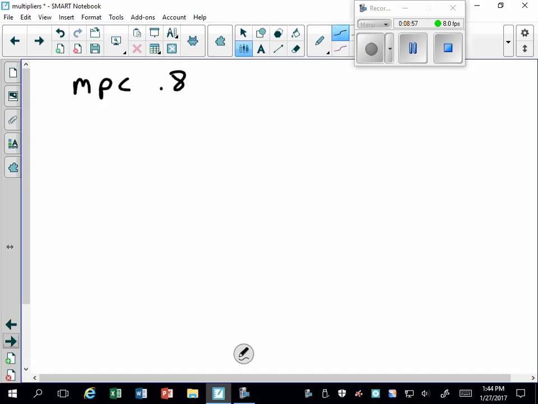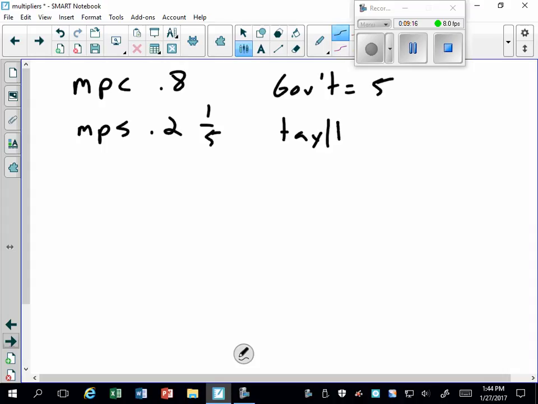So if they give you an MPC of 0.8, they're automatically telling you the MPS is 0.2. 0.2 as a fraction is 1/5. I always like you to think of this in terms of a fraction. So the government spending multiplier is going to be 5 in this case, and the tax and transfer multipliers are going to be 4.